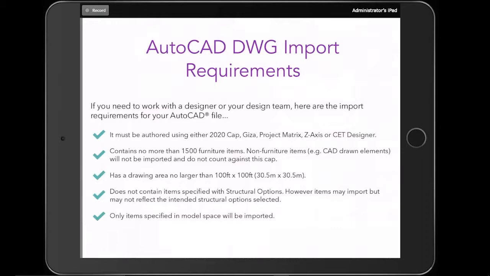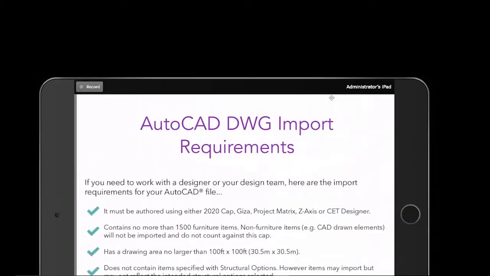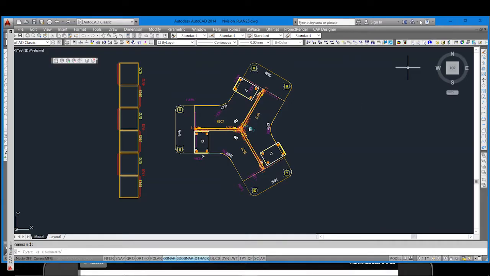So what I'm going to do is quickly open up my CAP Designer, or my DWG file. Here is typically what I would receive if I was working with the design team. It'd be a layout fully specified in the authoring program by choice of the design team.